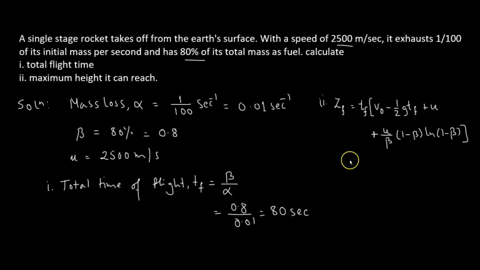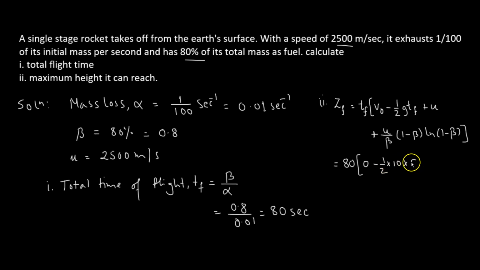But now coming back to our problem, we have T_F, the time of flight, that will be 80 multiplied by V_0. So V_0 will be 0, that's the initial velocity, minus half g, where g is the acceleration due to gravity. For simplicity, we're going to consider 10 times the time of flight.